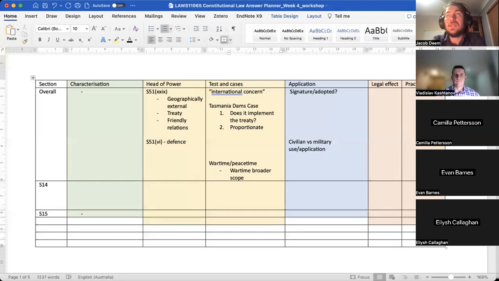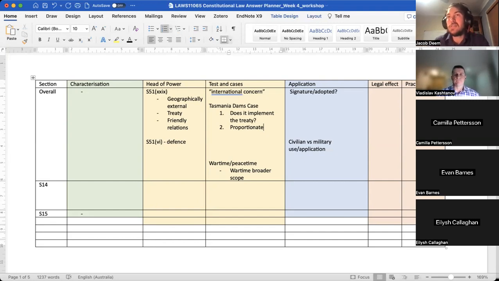To pick a ridiculous example, let's say Australia signed up to a treaty because the international community is concerned about the prevalence of wildfires and bushfires, and so countries agree to take steps and efforts to help each other reduce these incidents of wildfire and bushfire.